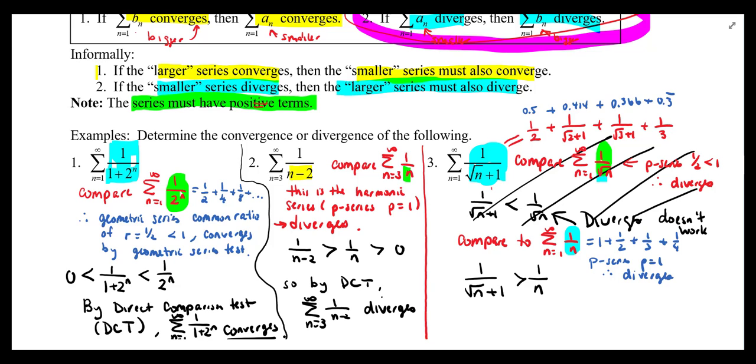Well, let's think. Let me compare 0.5 to 1: not bigger. 0.414 to 1/2: not bigger. 0.366 to 1/3: not bigger. 0.333 to 1/4: not bigger.